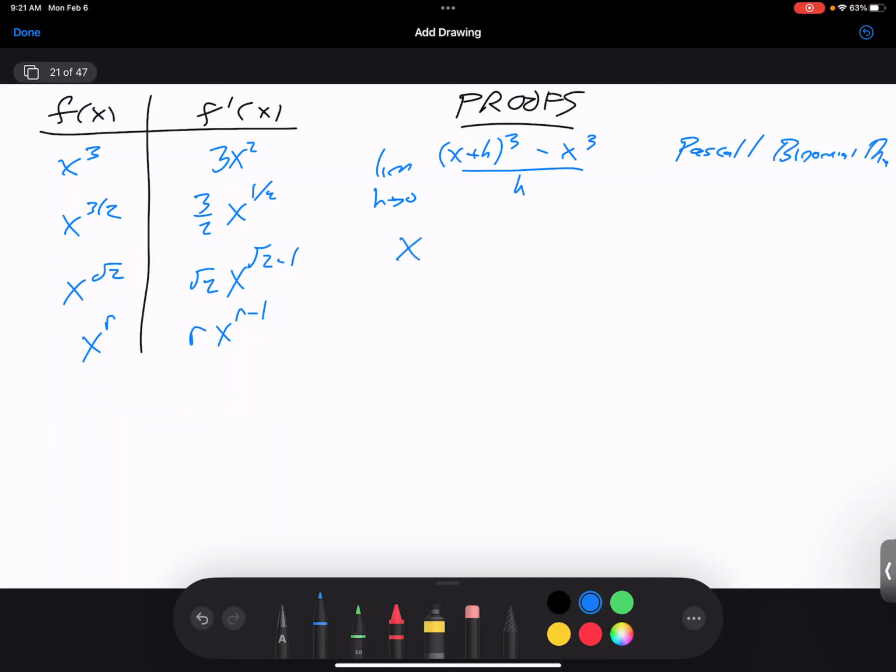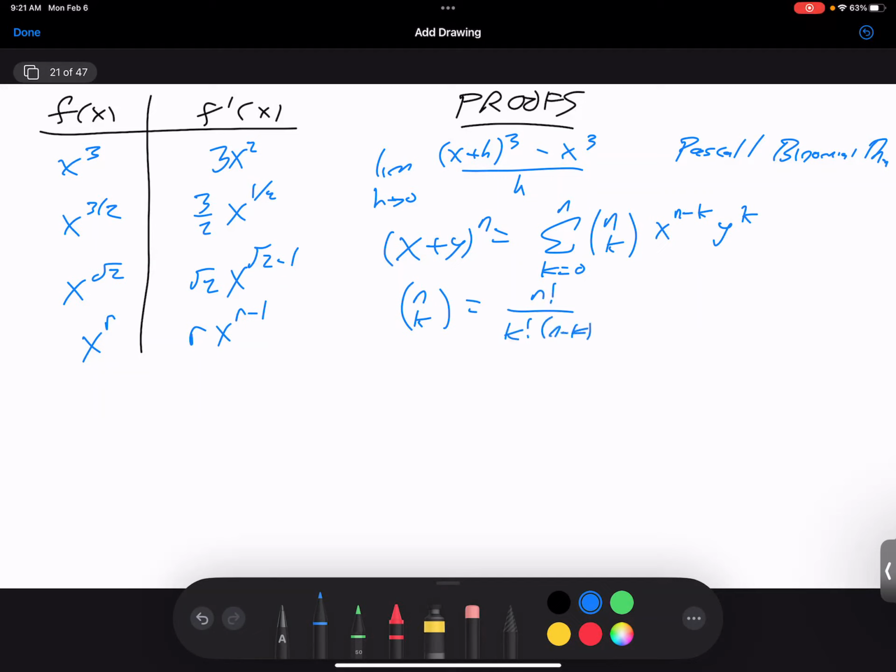And that's going to be x plus y to the n is the sum, k goes from 0 to n, of n choose k, x to the n minus k, y to the k, where n choose k is n factorial over k factorial, n minus k factorial.